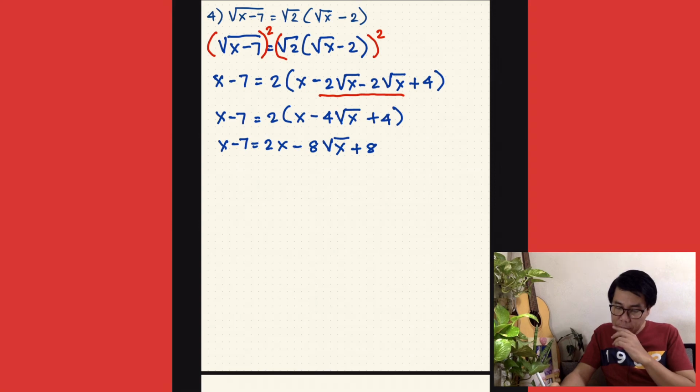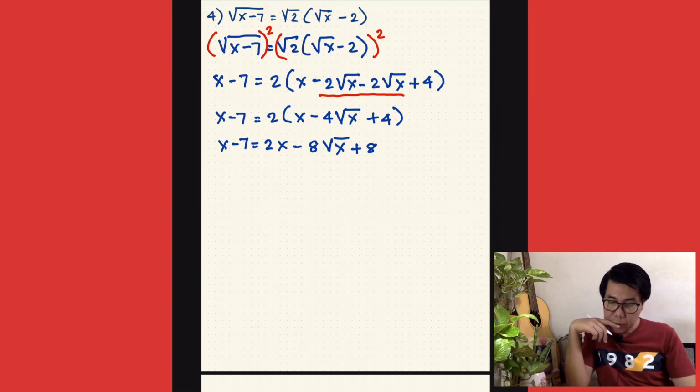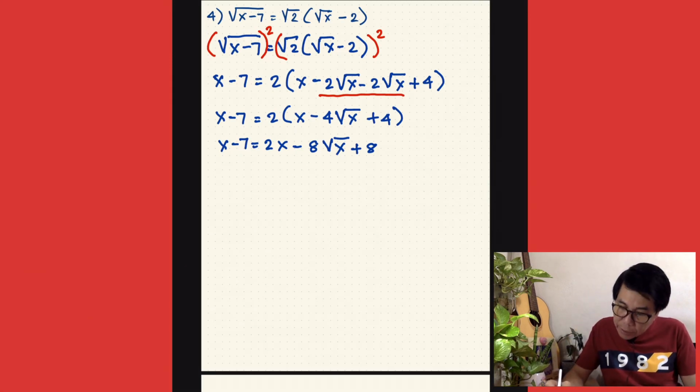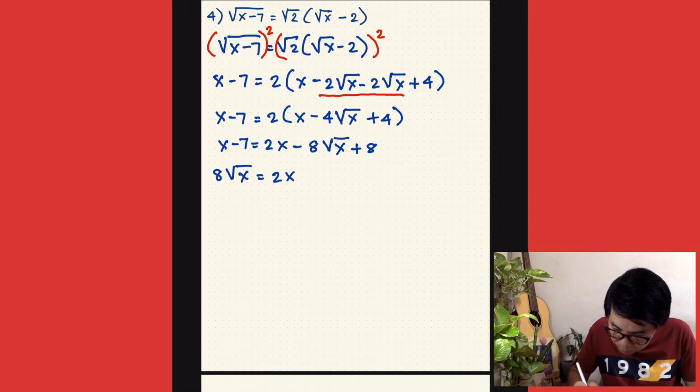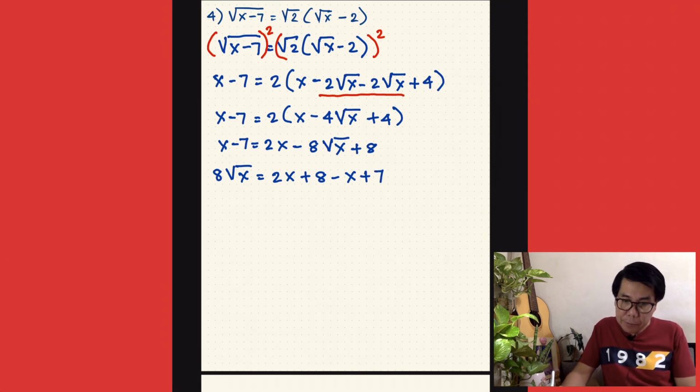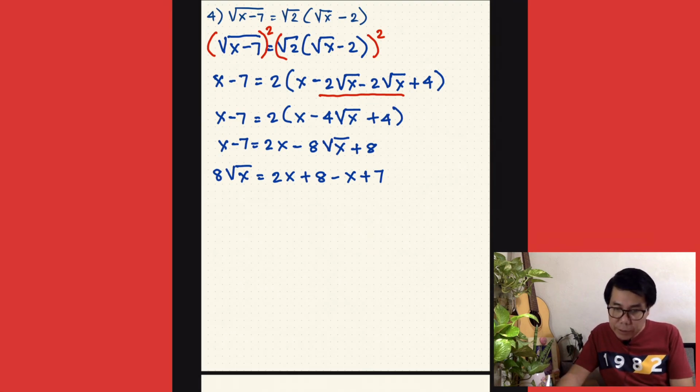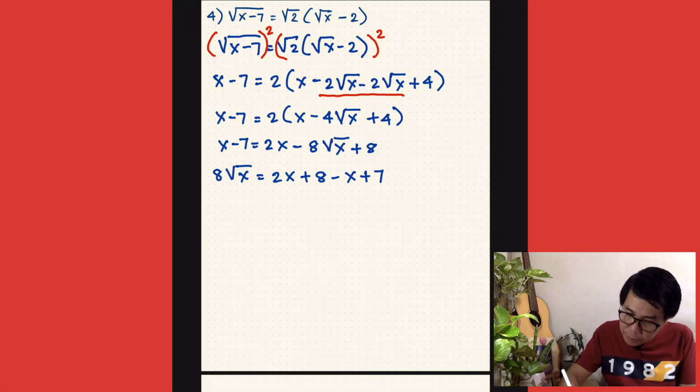Then what should we do now? I'm going to put this negative 8 square root of x on the left side and x minus 7 on the right side. So it becomes 8 square root of x is equal to 2x plus 8 minus x plus 7. Now we're going to tidy up the right side.